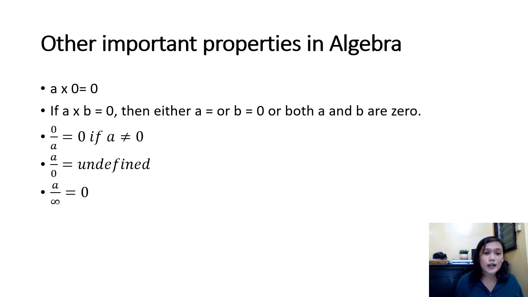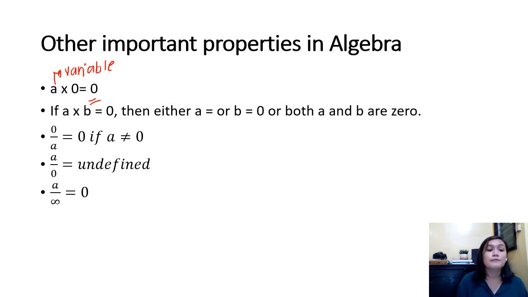So these are other important things that you should know in algebra. If you multiply a, which here is just a variable, a letter, an unknown, by 0, then the value is 0, because any number multiplied by 0 is always 0.